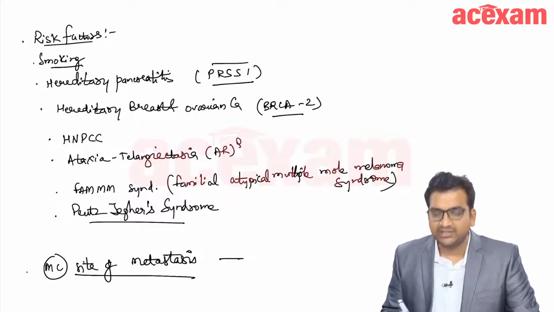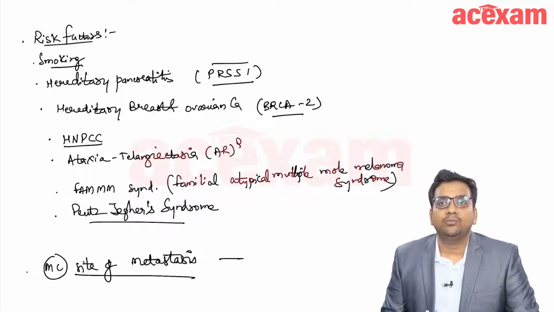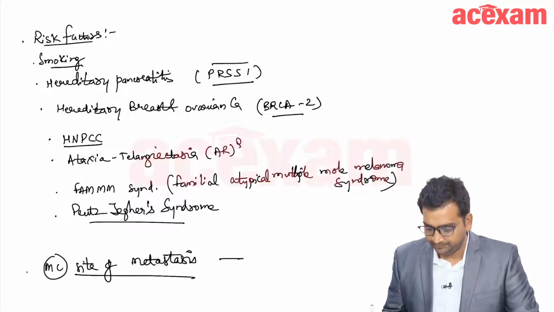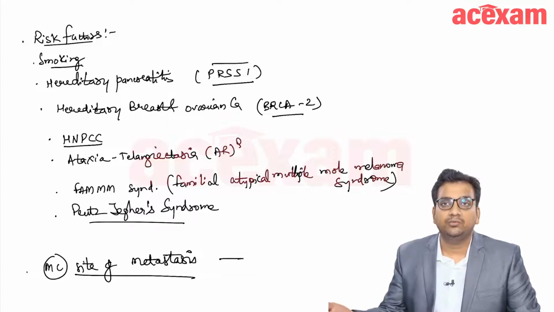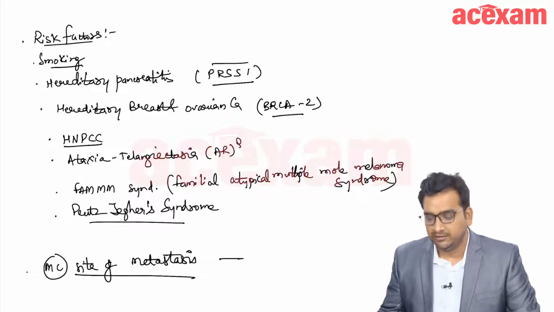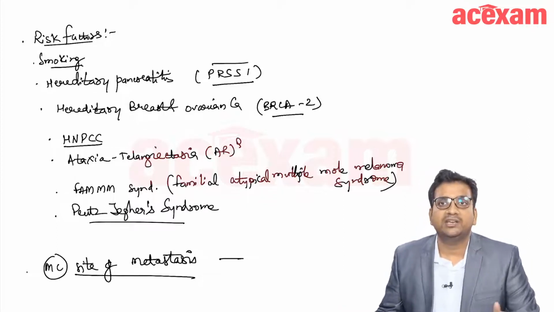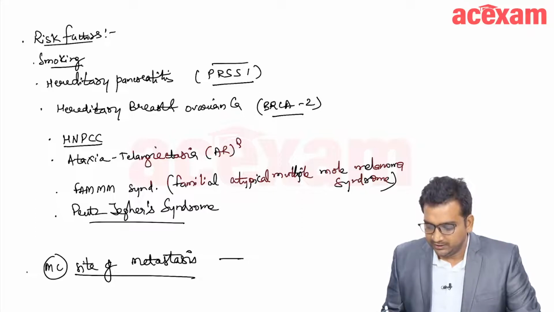Then there is HNPCC, hereditary non-polyposis colonic cancer. This is associated with Lynch 2 type of disease, in which CA pancreas, ovarian cancer, endometrial cancer and various other cancers can also be seen along with colonic cancer. Then there is ataxia telangiectasia.